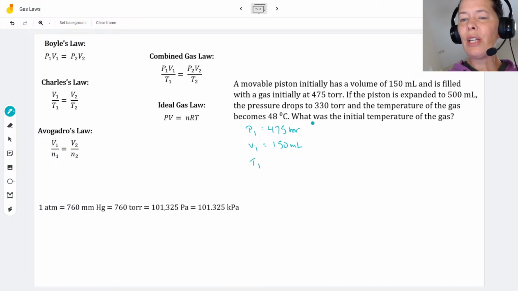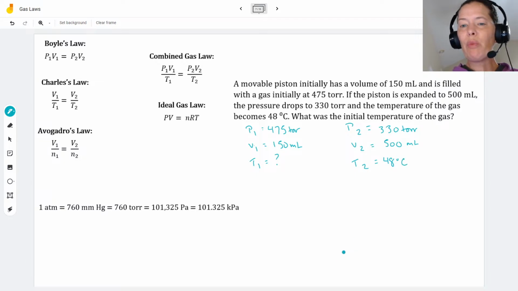Our initial temperature is what we're going for, so that is our variable that we're going to solve for. Our final pressure, our P2, drops to 330 torr. Our volume 2, the piston is expanded to 500 milliliters. And our final temperature is 48 degrees Celsius.